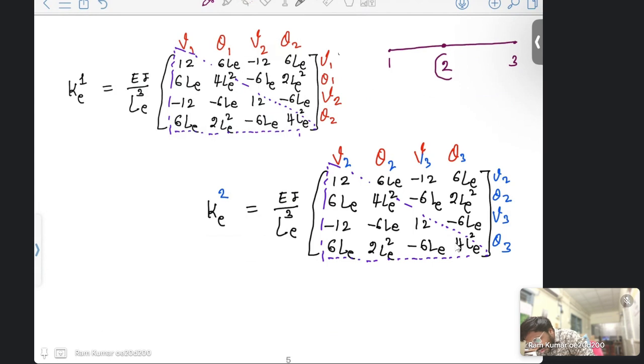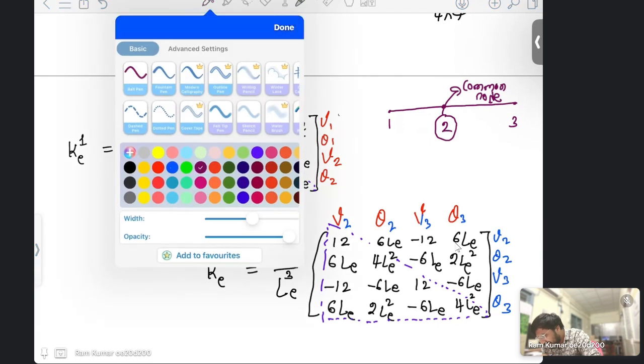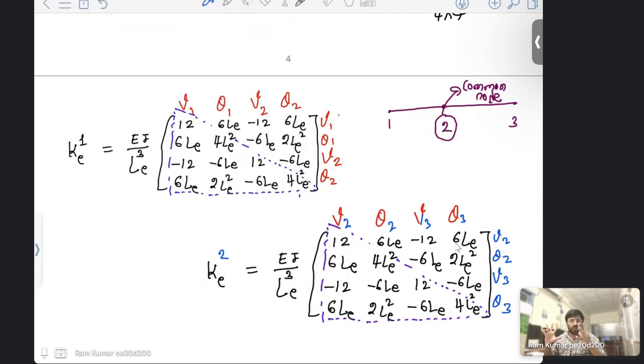We have written that this node has 2 degrees of freedom, B2 and theta 2. It has 2 degrees of freedom that are common. So how we are going to add is that whatever degrees of freedom are common, we have to sum up for each element.